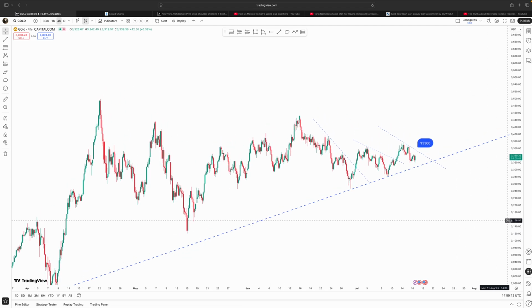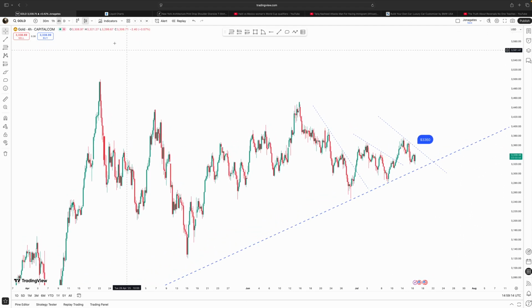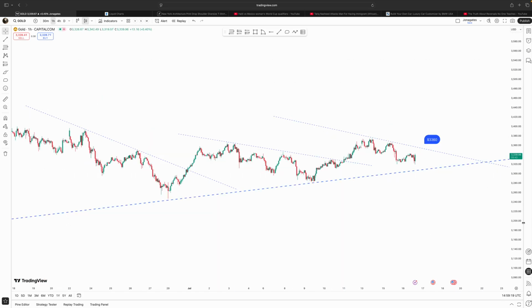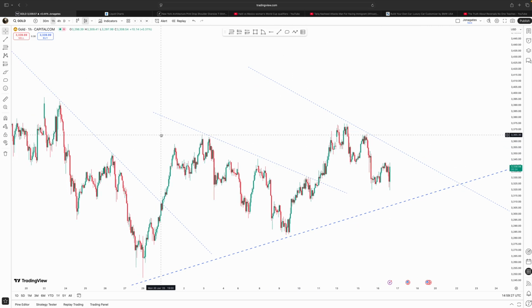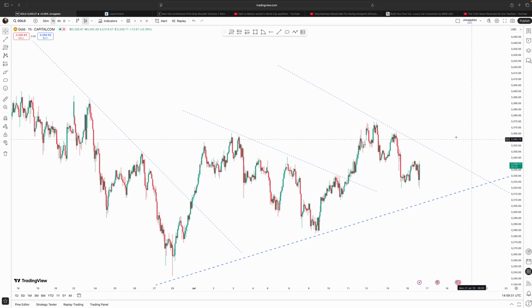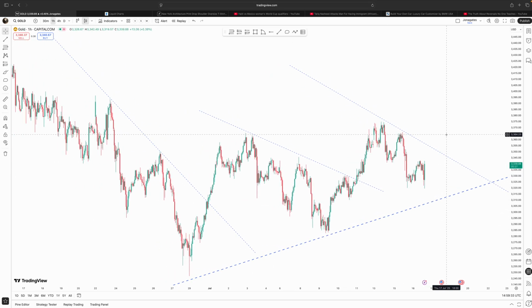Okay, so that's what I'm talking about, guys. All right, we're going to go down to the 1-hour time frame. Let's remove this. You see how beautiful it is? You always need to look for the trend, where the market is going.